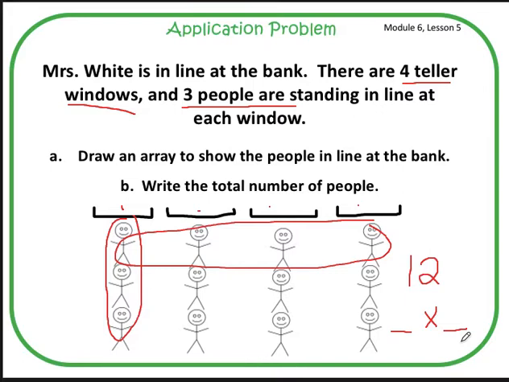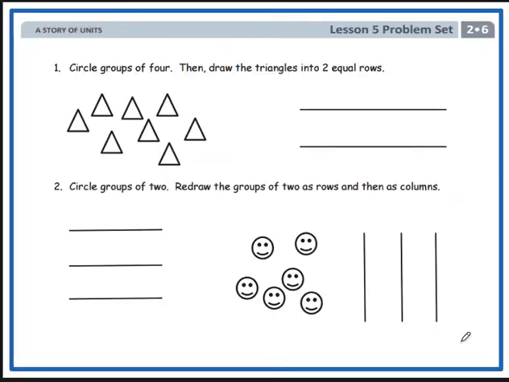All right, for our problem set today, you are going to see a very disorganized group of things. Your job is to follow the directions on each of the questions. So here we are circling groups of 4. So remember, that means in each group there need to be 4.